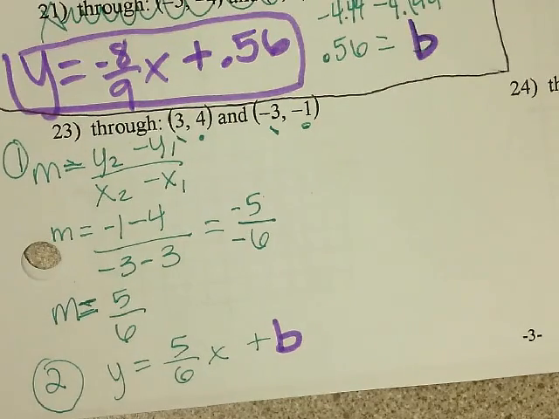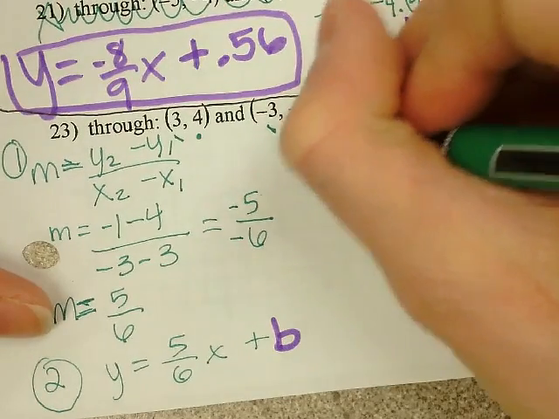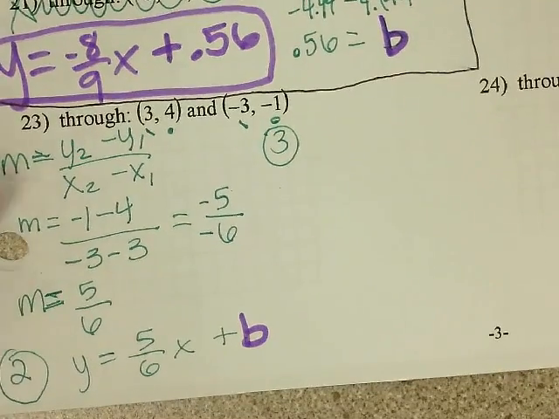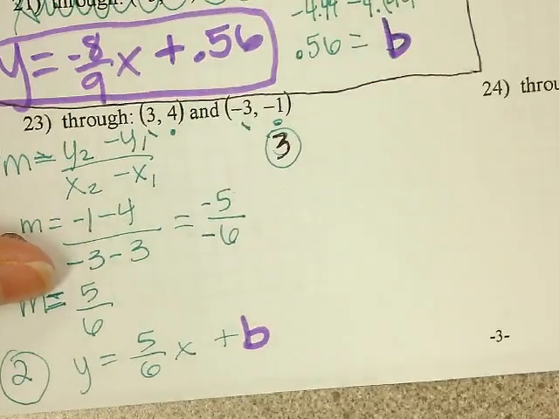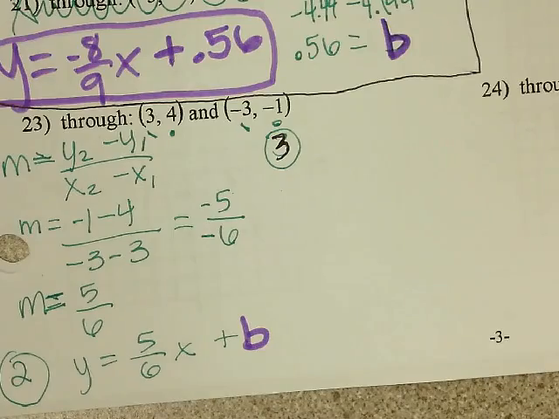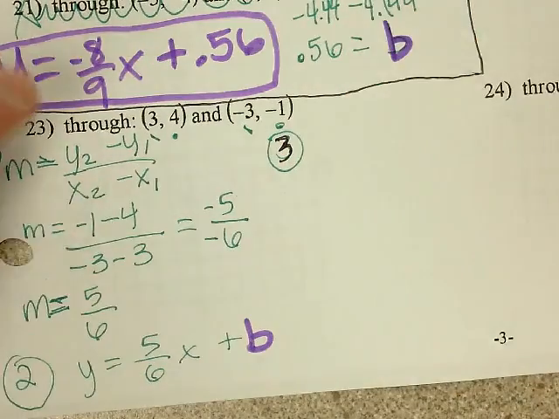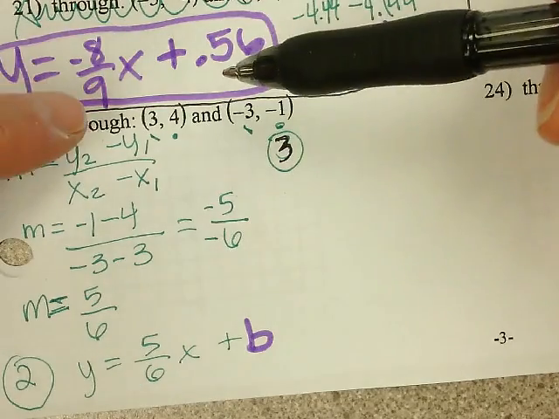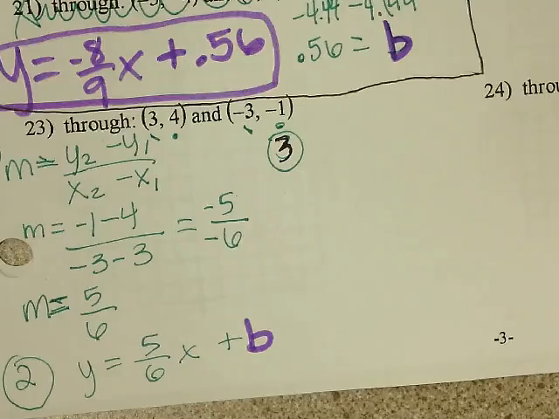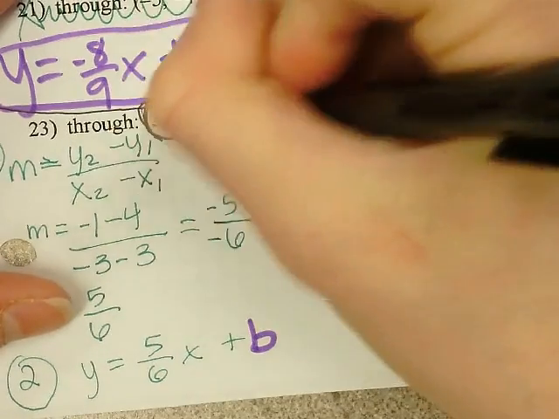All right, what's our step 3 say? Plug it in. Plug what in? Well, we plug in an x and y coordinate, right? So which one do we want? 3, 4, right?